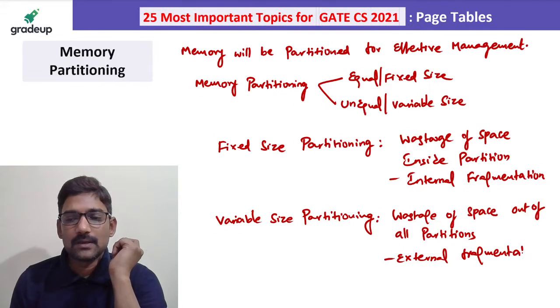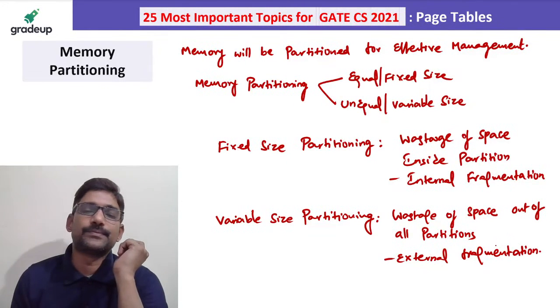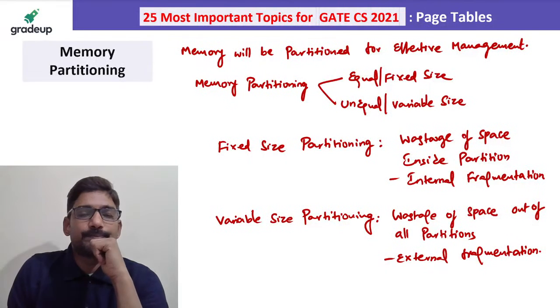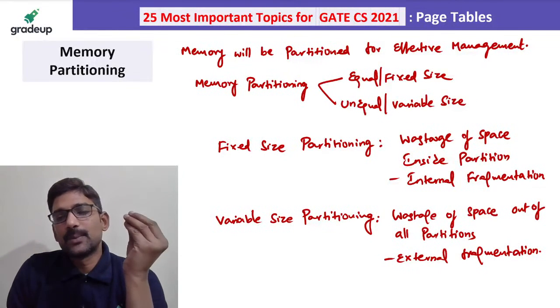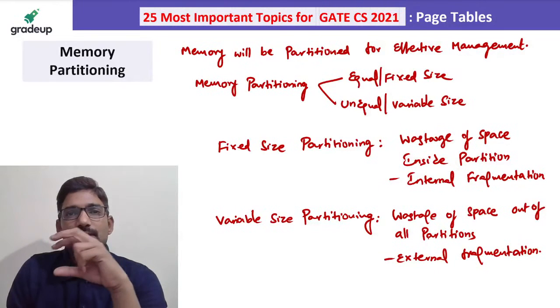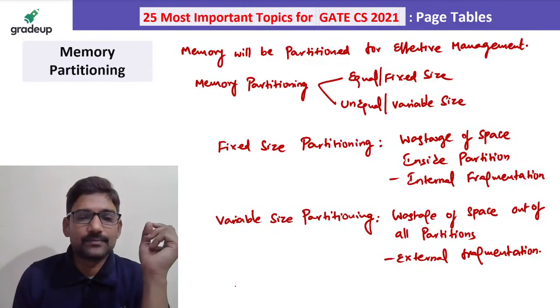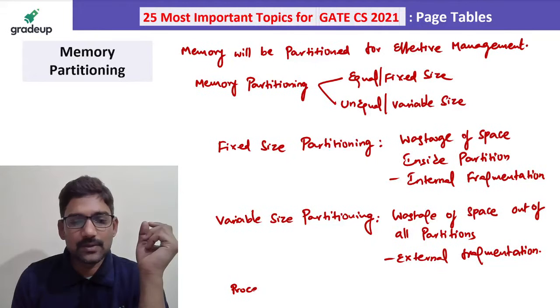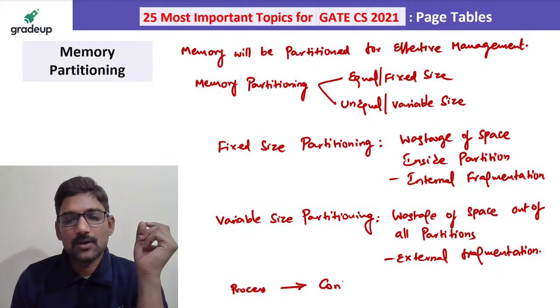Why are we facing these issues? Because we are storing the process as an atomic unit, which means we are storing the process in contiguous locations.